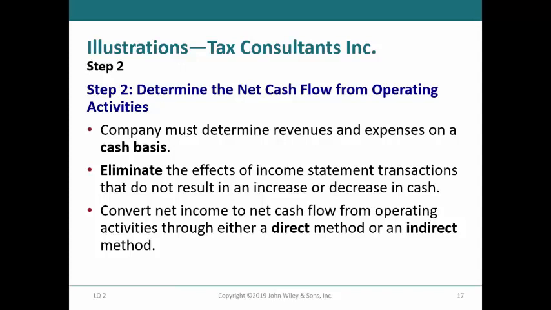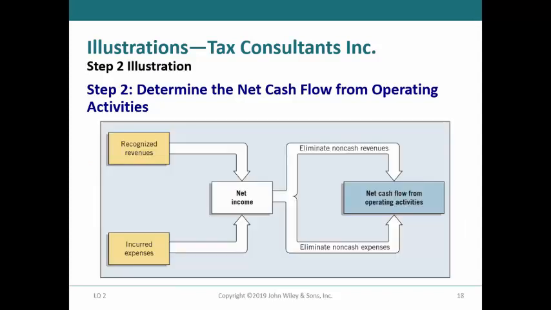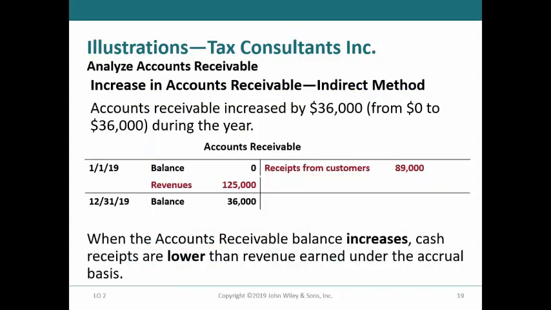Whether we use the direct or indirect methods to determine the cash flows from operating income, we will be converting net income to net cash flows. Net income is based on recognized revenues minus incurred expenses. Because these amounts include accruals and deferrals, we have to identify and eliminate those non-cash amounts in order to determine net cash flow from operating activities.